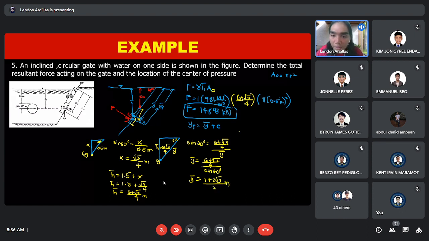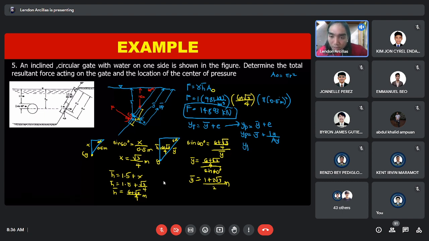So therefore, to find yp, that is, bahay natin ng kulay ulit. Yp equal to y bar plus e over y bar, and then this is circle. The inertia of the circle is, anong formula nun?